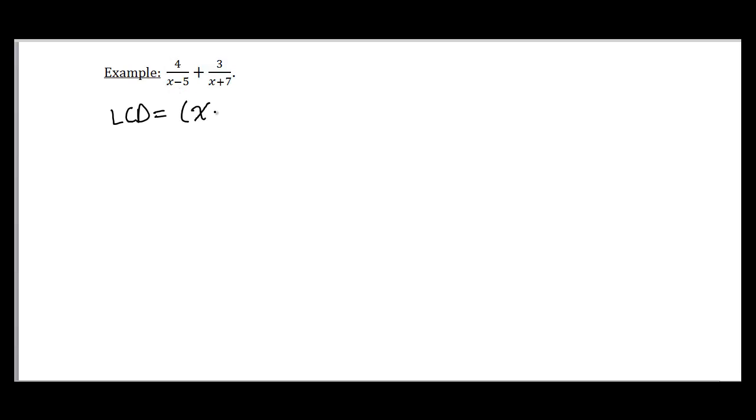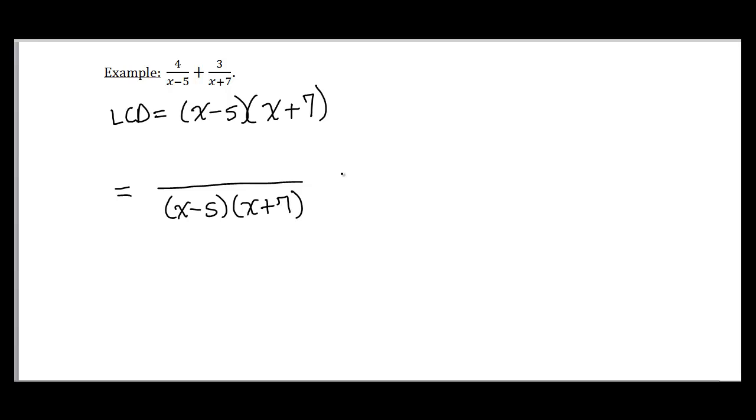When our denominators are different, we just multiply them to get our LCD. So my LCD is going to be x minus 5 times x plus 7. My goal is to rewrite these two rational expressions as equivalent rational expressions with my LCD in the denominator.